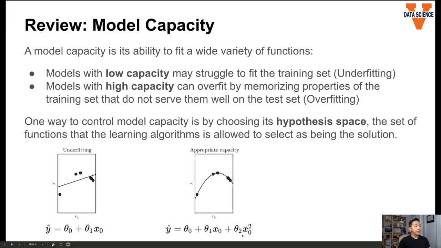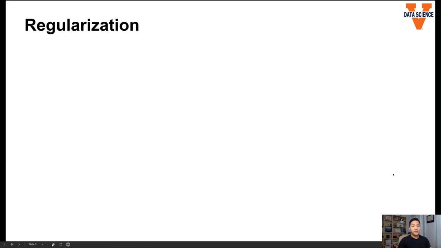When you increase the hypothesis space, making the model higher capacity, you might have appropriate capacity to approximate the training data. However, if you have way too high a hypothesis space, in this case up to degree 9, your model will fit the training data very well, but it's overfit, so it won't generalize well on unobserved data.